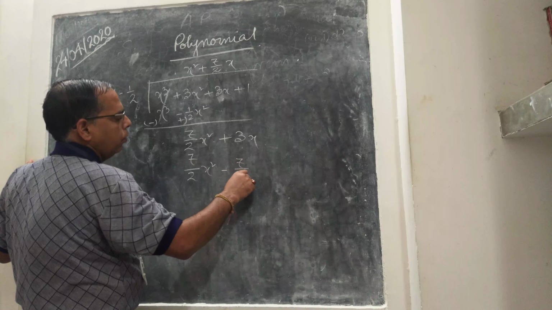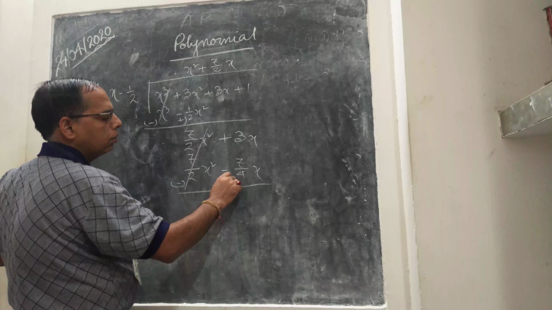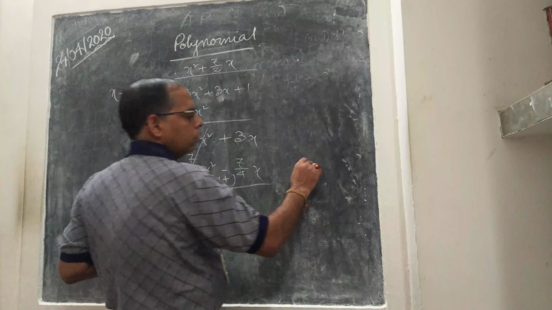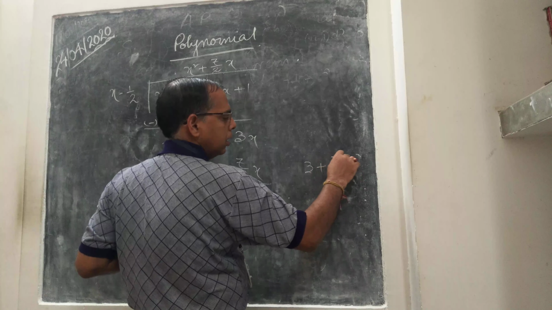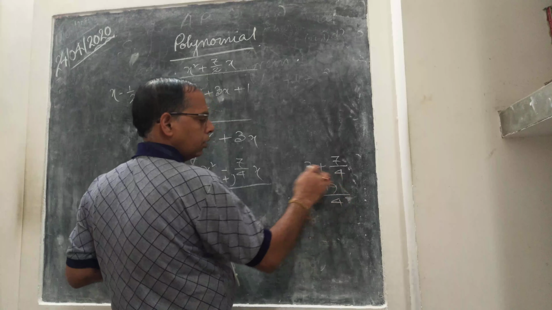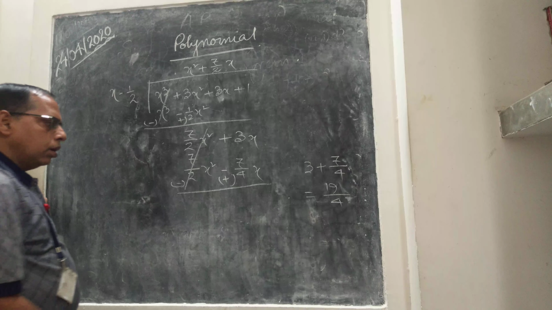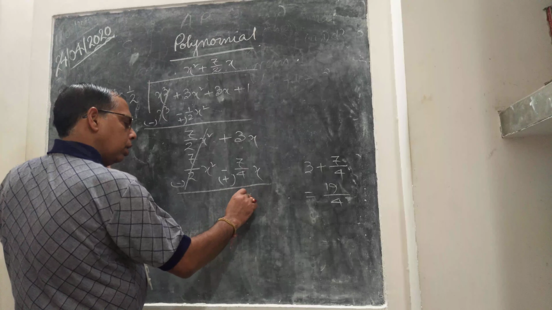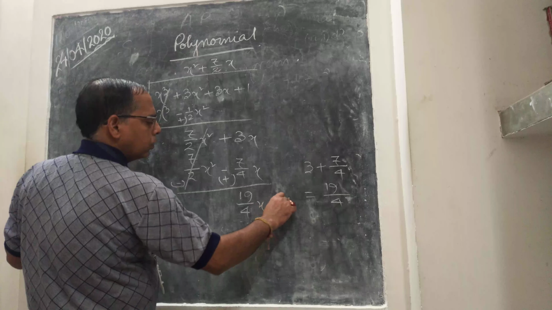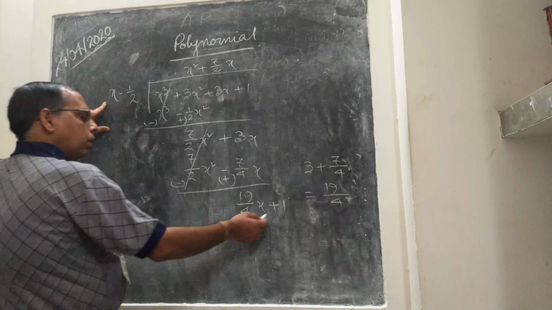7 by 4 x. Now once again minus, so this one is gone, plus. Now you see 3 fours are 12, 12 plus 7, 19. So ultimately 19 by 4 x plus 1. Now once again, here the coefficient is 1, here 19 by 4, but the degree is the same.